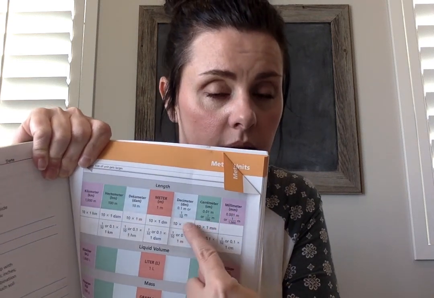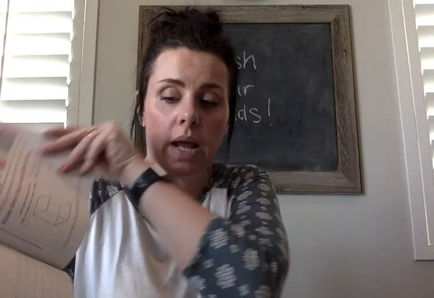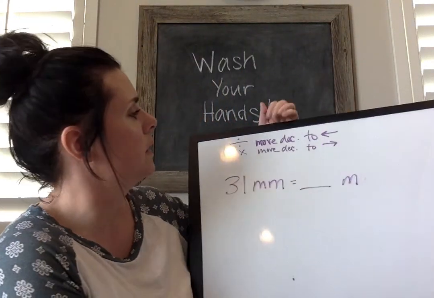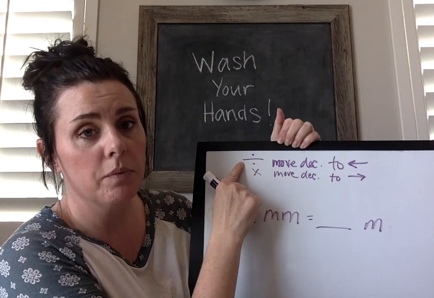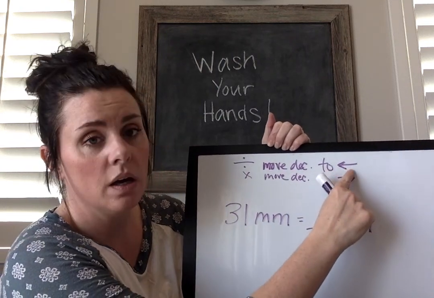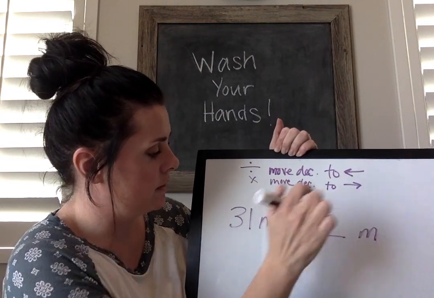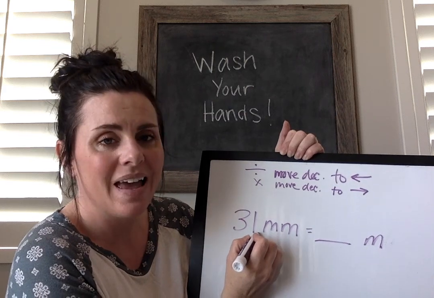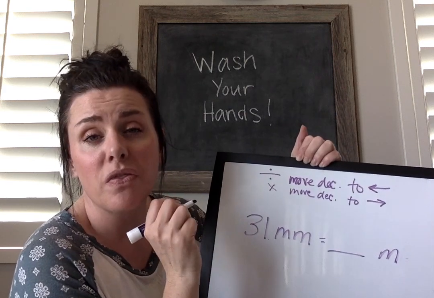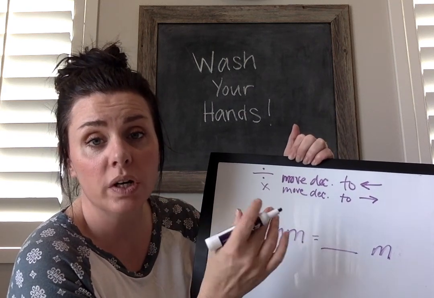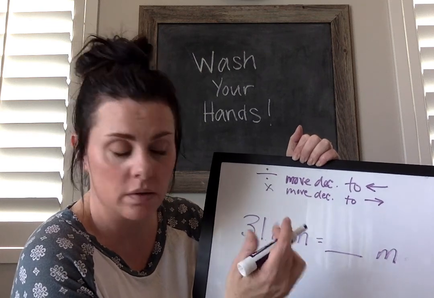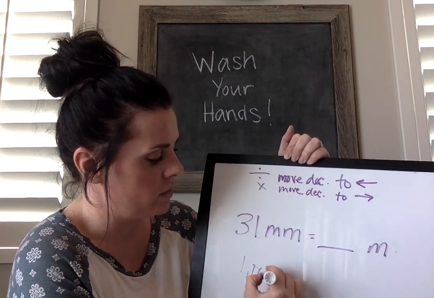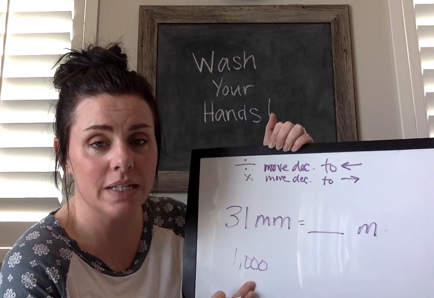I'm dividing, okay? So now let's look back at what we've got here. If I'm dividing, I'm going to move my decimal to the left, okay? And we know that there's 1,000 millimeters in a meter, so we're going to divide by 1,000. 1,000 has 3 zeros.